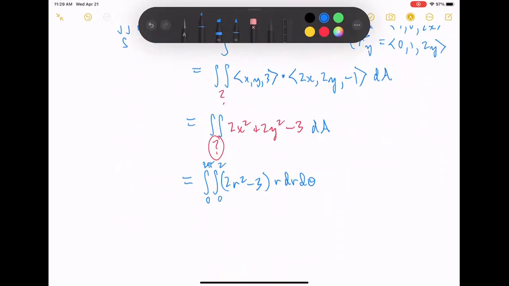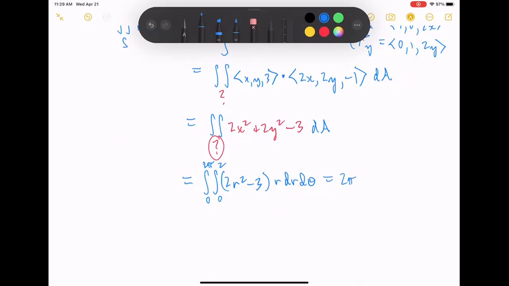And yet again, we've played this game enough times at this point that we should be able to predict the sorts of things that we tend to do. There are no thetas in the innermost part of the integral. Therefore, what am I going to do immediately? Perform the outer integral. Yeah, right.